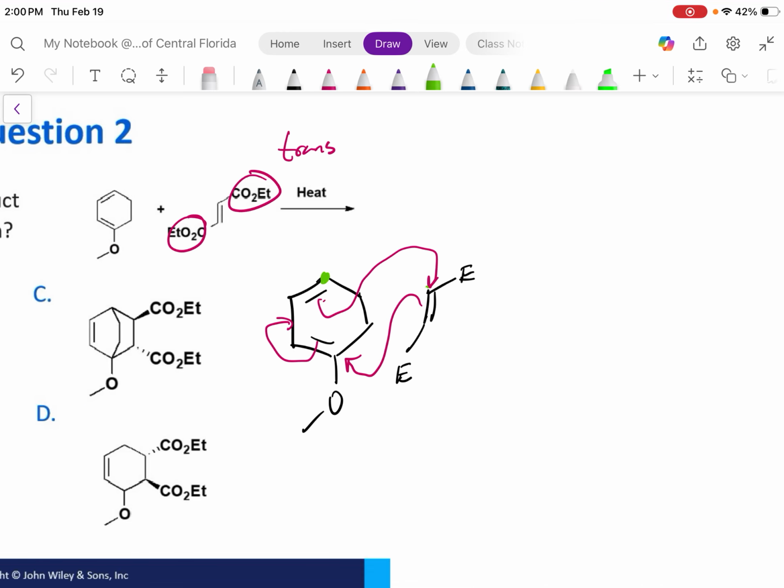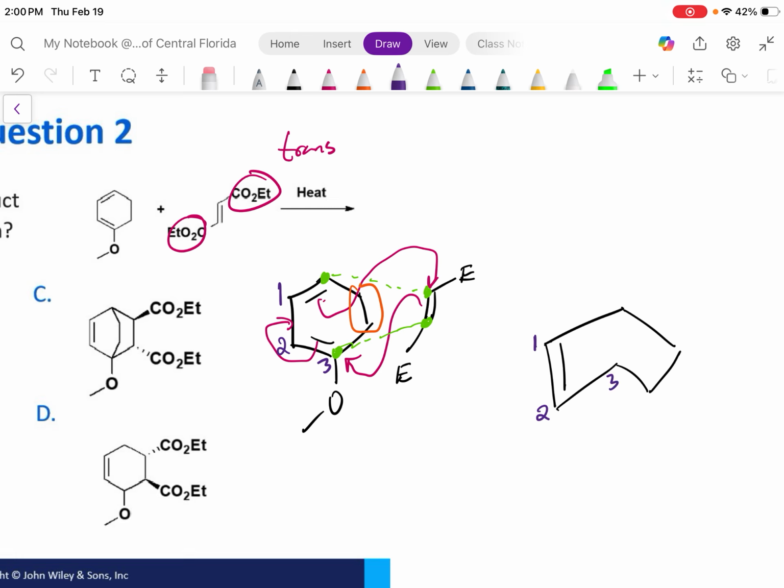Between that carbon and that carbon, and that carbon and that carbon. Like that. So we can't forget about those 2 carbons right there. So we can draw it like this if we'd like. I like drawing it like that. And so if I remember that carbon 1 is carbon 2, that's carbon 1 and carbon 2. And that's carbon 3, okay?